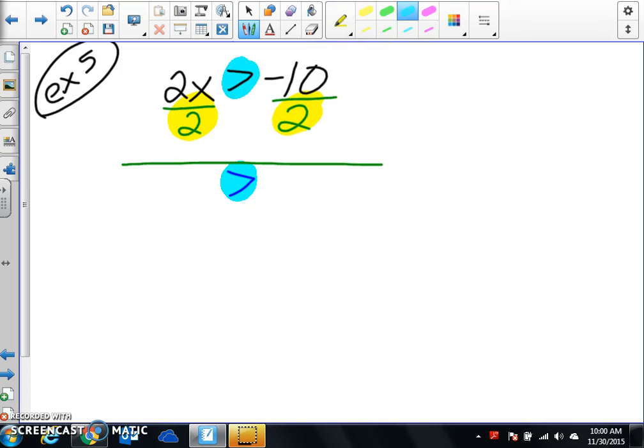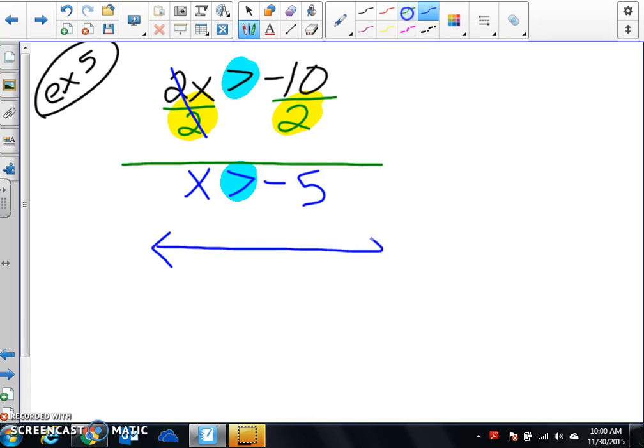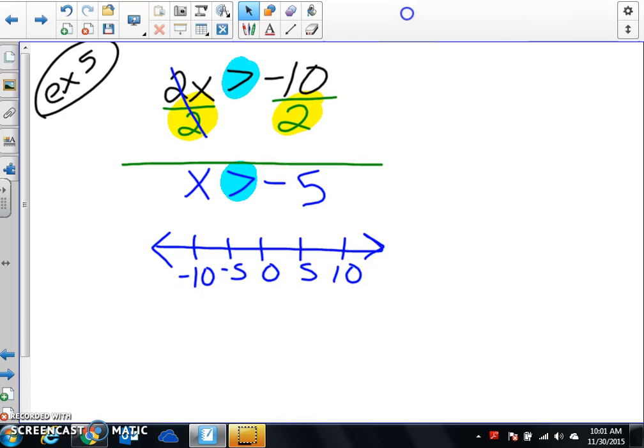I kept it because I divided by a positive. You can divide by positives all day long. Okay, those cancel. Bring down your x. Negative 10 divided by 2 is negative 5. Now I can graph it. All right, I go to negative 5. It's an open circle, and I can follow the arrow because the variable is on the left.